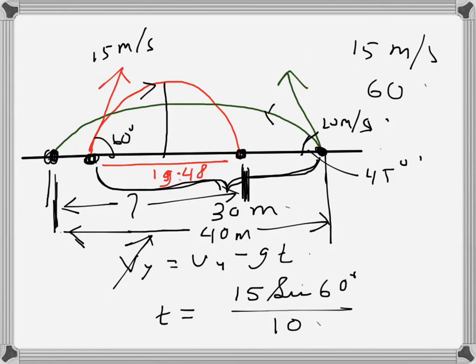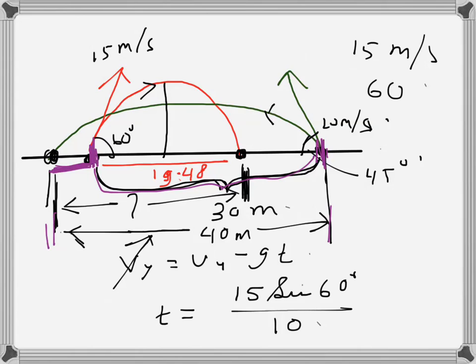Then I will draw it with a different color. This much we will have. So 40 minus 30, because this violet part from here to here is 30, and the full distance from this one to this one is 40.